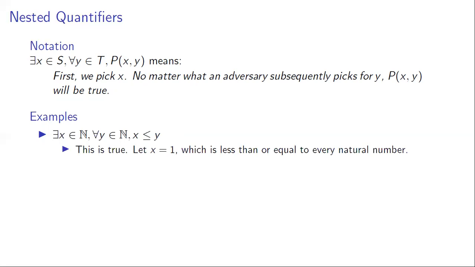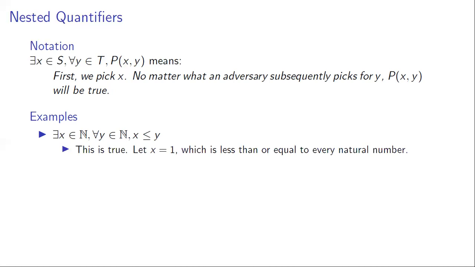So if we pick x equals 1, I shouldn't say we get to go first, because it's not an advantage to go first here. But the point is, I have to go first. Even though I go first, I can pick x equals 1, or whatever I want for x. So I pick x equals 1, and then the adversary picks anything they want for y.